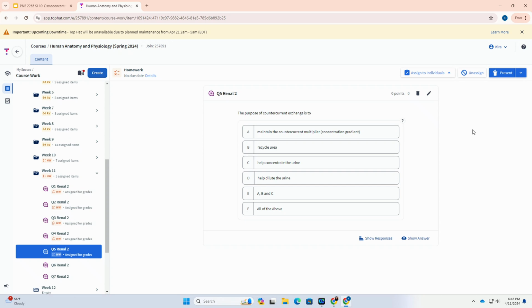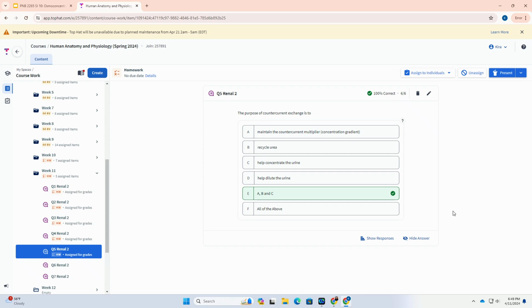The purpose of countercurrent exchange is to? Yes, so countercurrent exchange helps maintain the countercurrent multiplier, the concentration gradient in the medulla.